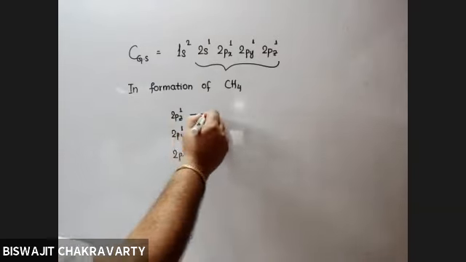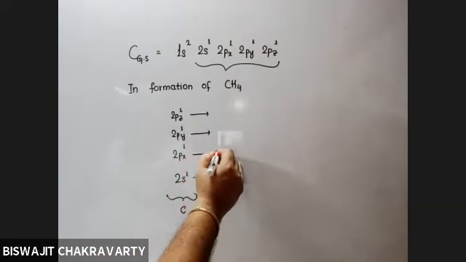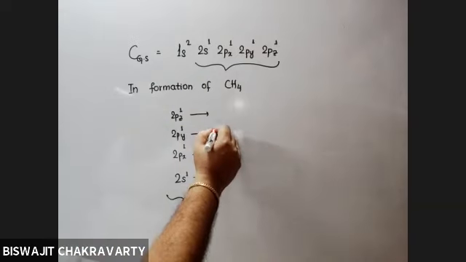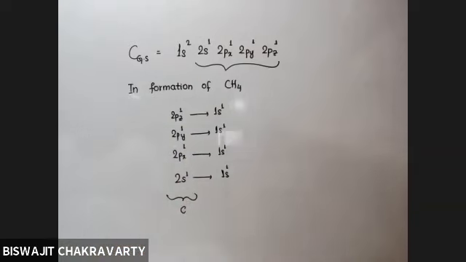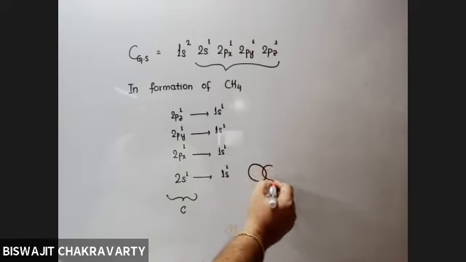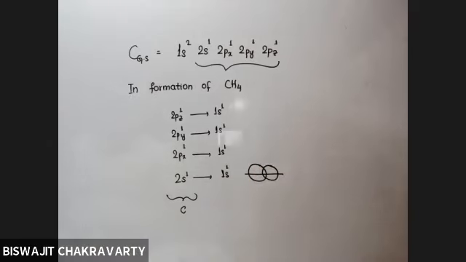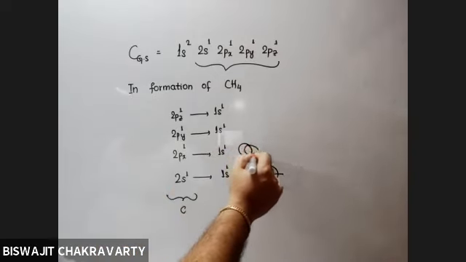Now, if it combines with 4 separate hydrogens, all of which have 1s1 configurations, then we know that whenever s orbital is involved, it is always going to form sigma bond. Now, if the hydrogen atom overlaps with 2s, then of course the type of bonding will be SS. If these three combine, the type of bonding will be SP.